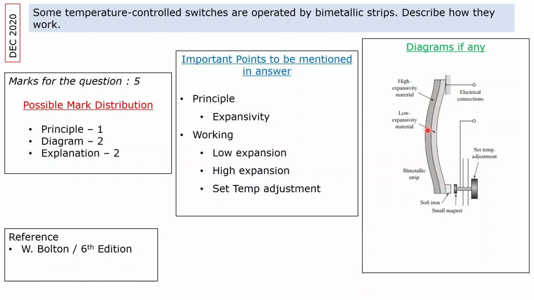This high expansivity material and low expansivity material will be a curved like structure, so that the soft iron will get attracted to this magnet, and it will have a joint, and the electricity is passed. So when the temperature increases greater than the set point, this soft iron and the small magnet will get detached. So this is called working of a bimetallic strip.